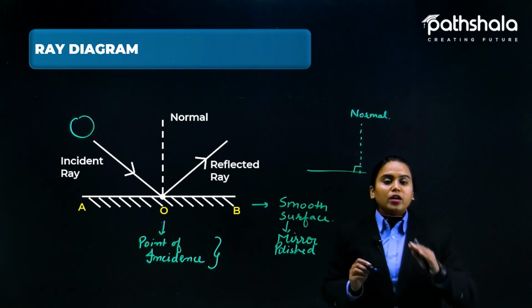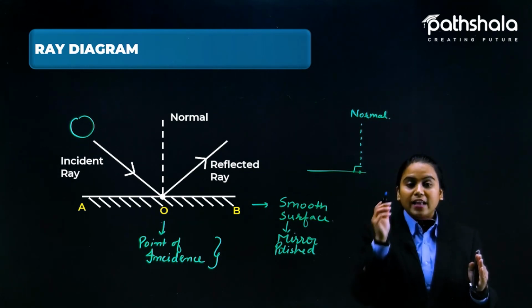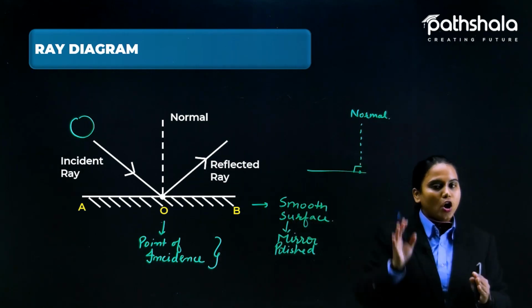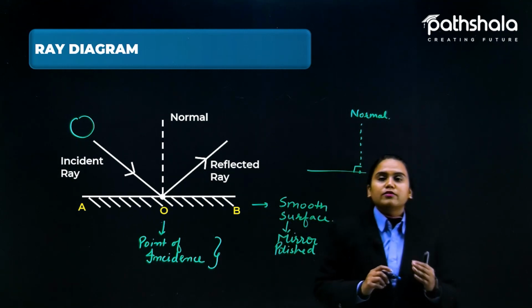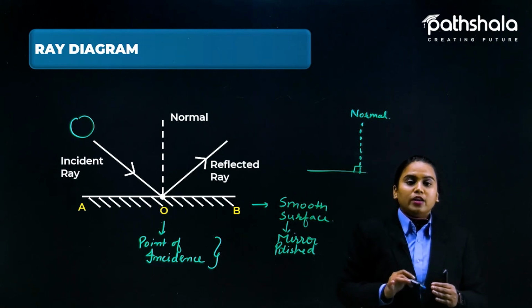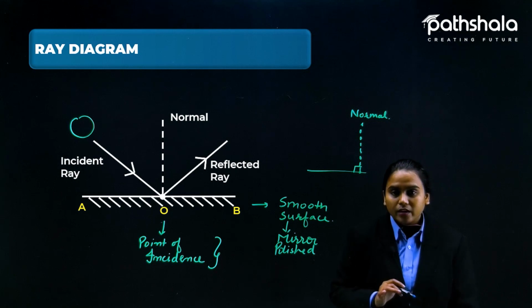So the perpendicular line from the surface at the point of incidence is known as the normal. Now, that normal is imaginary, which is why we have drawn it as a dashed line. This dashed line is known as the normal here.